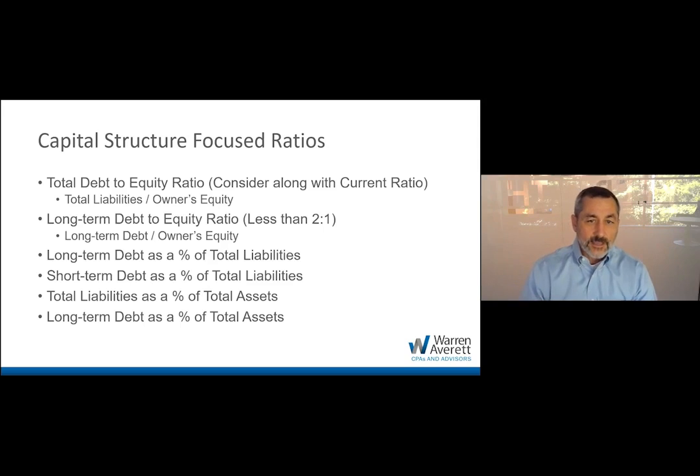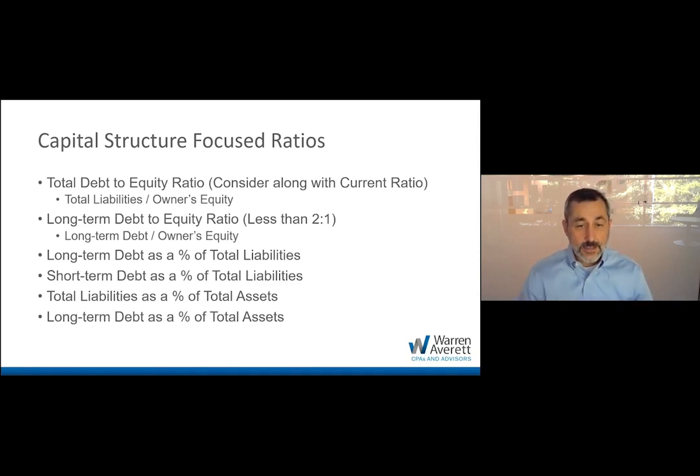As we think about the capital focused ratios, we'll start here with the total debt to equity ratio. That is simply total liabilities divided by total owner's equity. It gives someone an indication as to how much money the company has borrowed versus how much money the owners have put into the company.